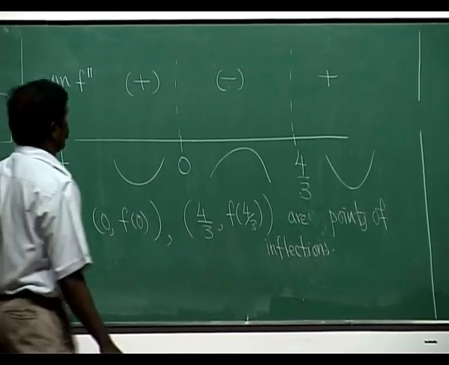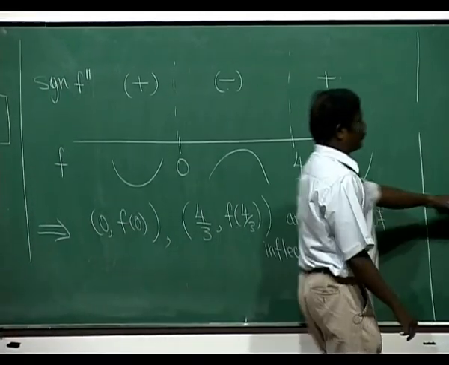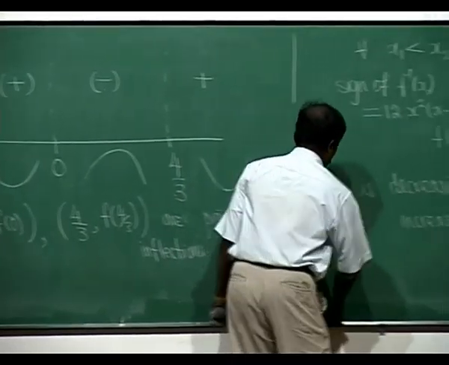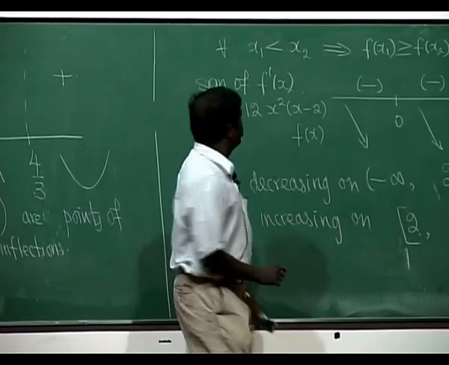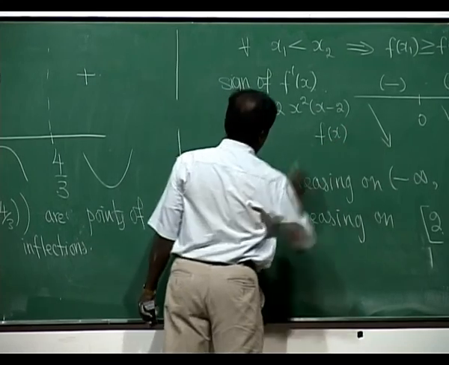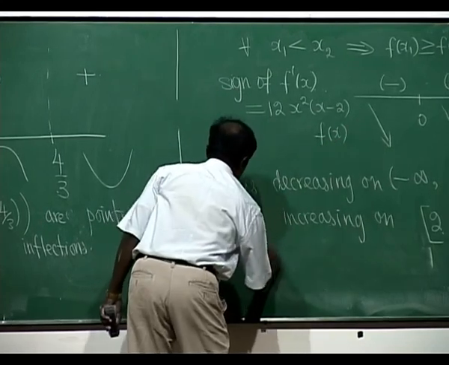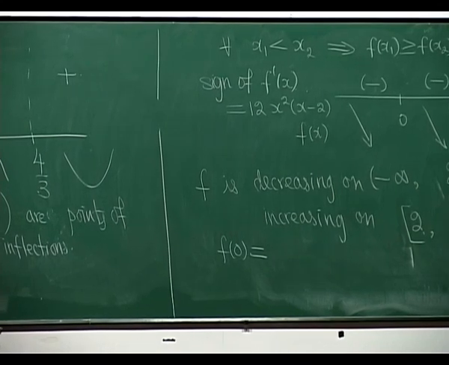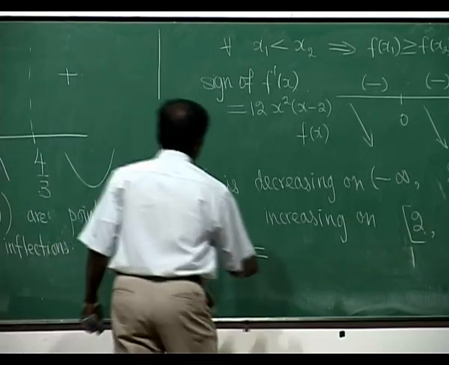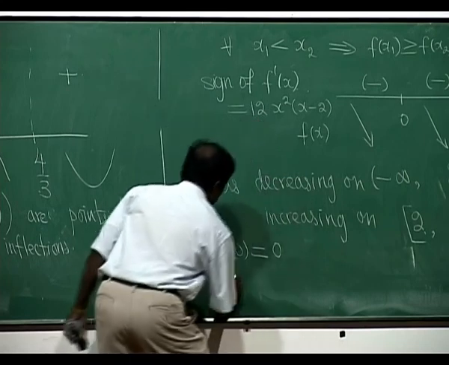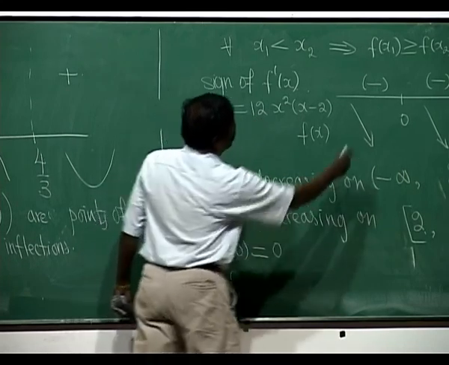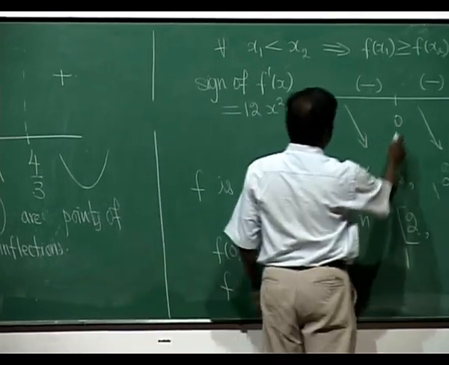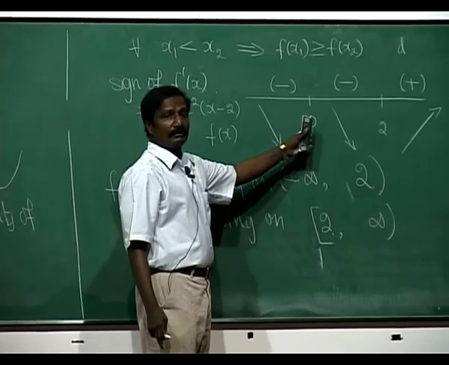Oh, by the way, we didn't calculate, after this we could calculate local max, local minimum, right? So let's calculate that. At 0, f of 0 was, I erased my function, f of 0 is 5, right? But that's not a local maximum or minimum, so we leave it out.